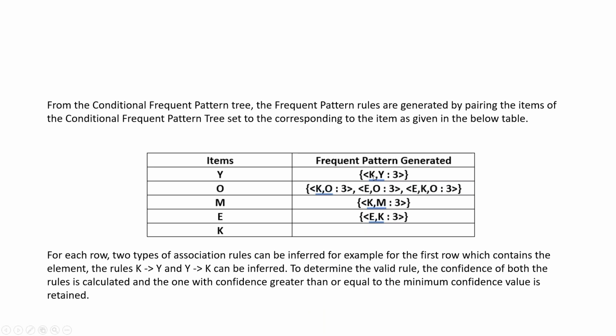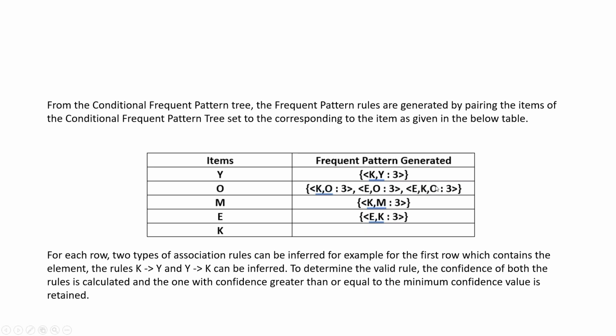The rules will be like this: K tends to Y or Y tends to K. One rule can be generated from this first pair: K tends to Y or Y tends to K. Second, from this the rules can be generated as K tends to O and O tends to K, or E tends to O and O tends to E. And from these three it can be E tends to KO, or K tends to EO, or O tends to EK, or all the other methods we had seen for creating the rules in the Apriori method.